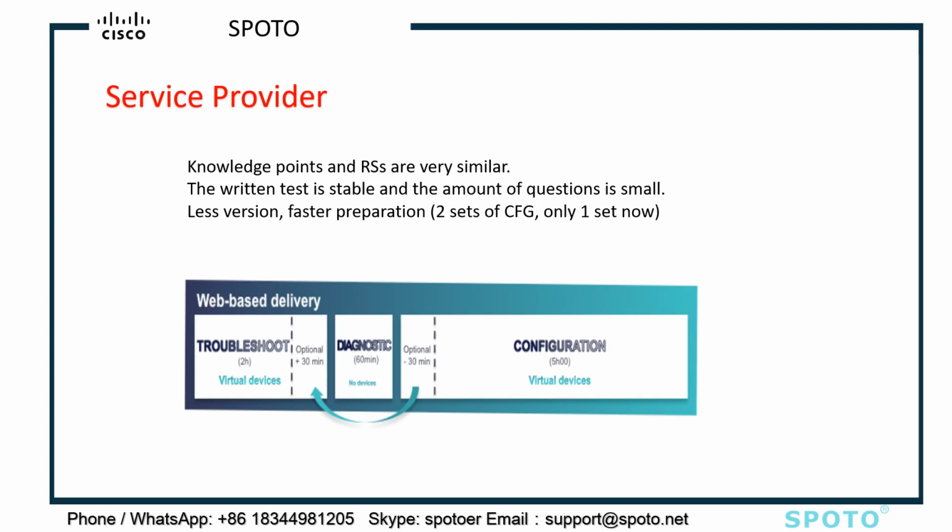And also, if you want to get the service provider certificate, you need to pass the configuration. For the SP configuration, we have 2 sets of configuration, but we only use 1 set of nodes. So it means you just need to prepare 1 configuration here.